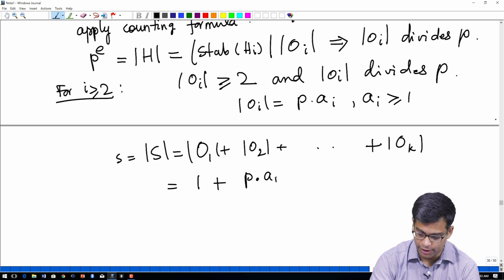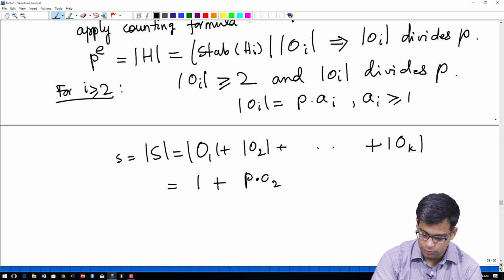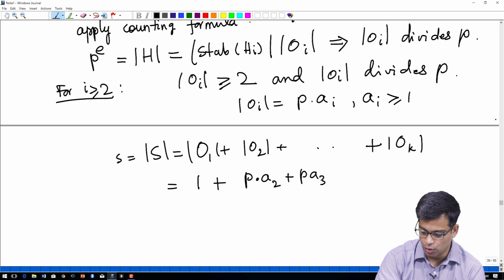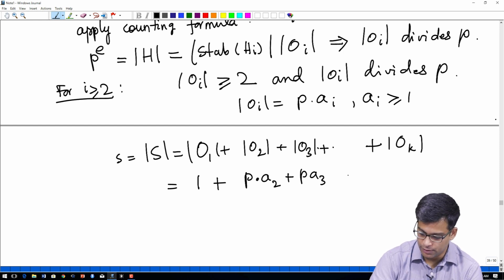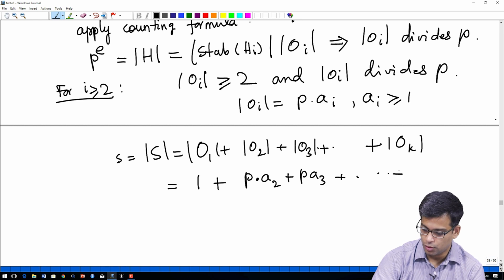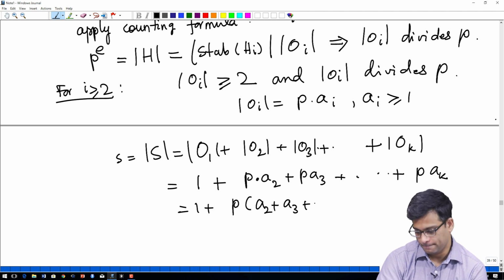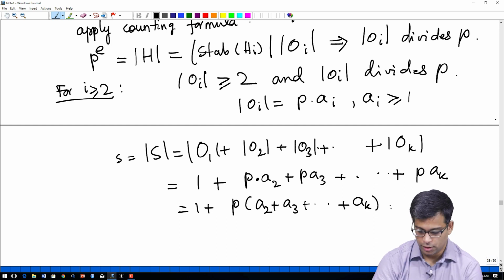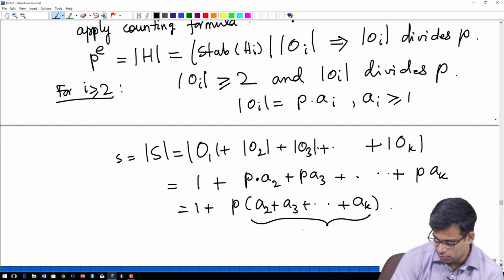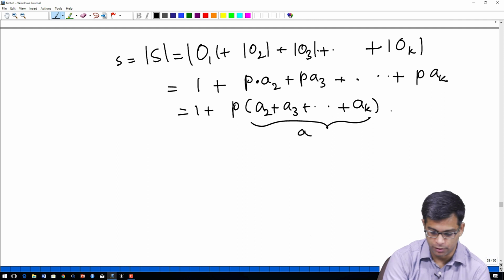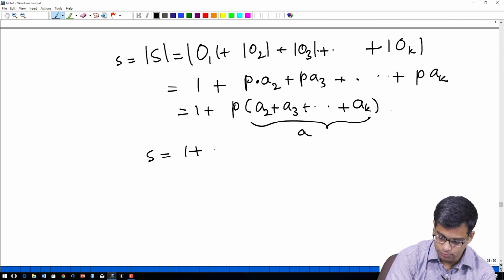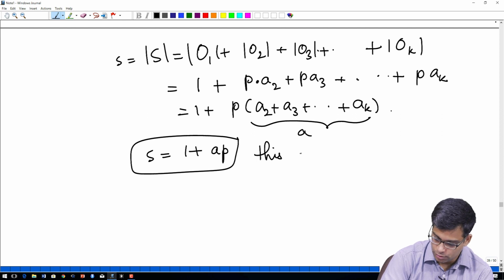So s is 1 plus p times (a_2 plus a_3 plus up to a_k), and you call this sum a. This is exactly the statement that we made.